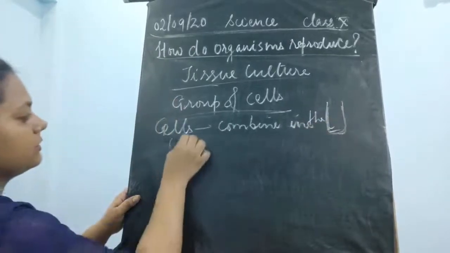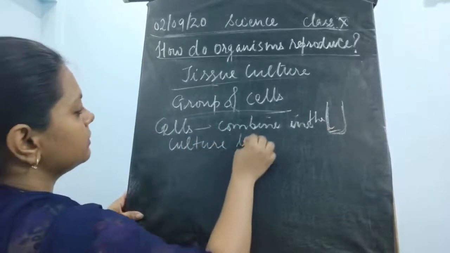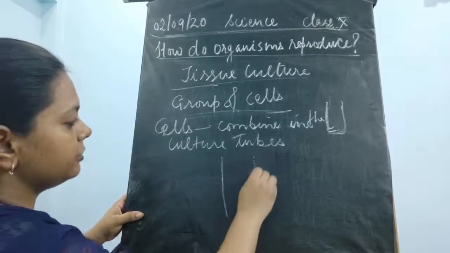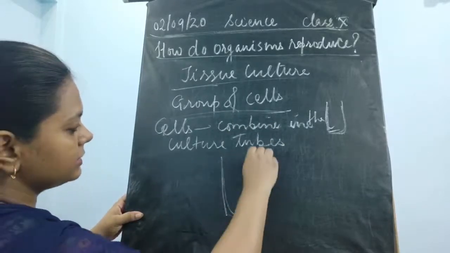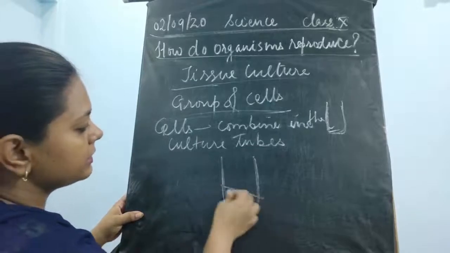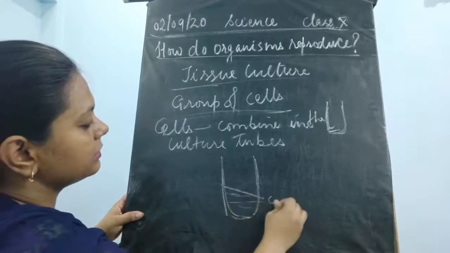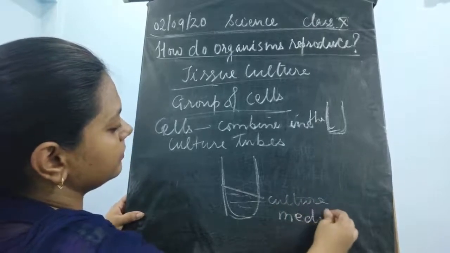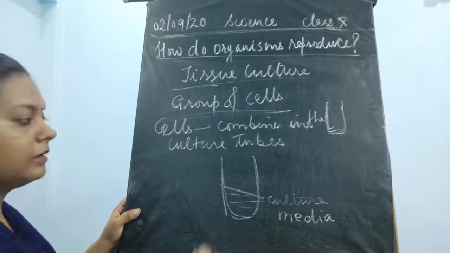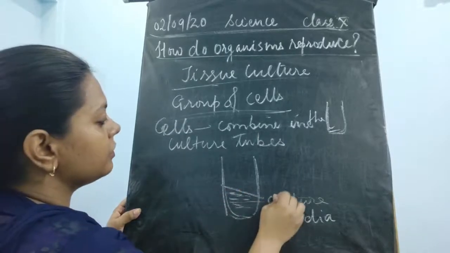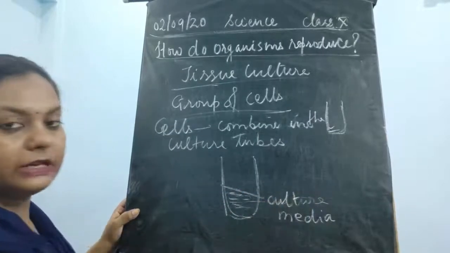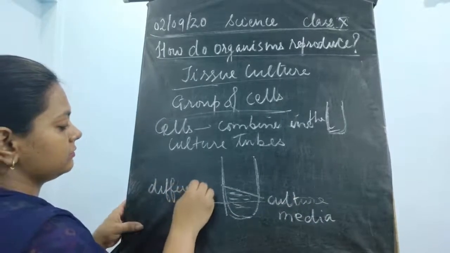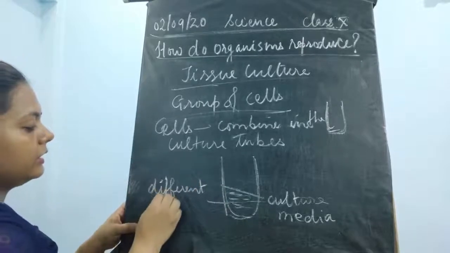These are known as culture tubes. Fine. Now what happens inside this culture tube? Suppose that this is a culture tube and it contains the culture media. The culture media consists of different nutrients.